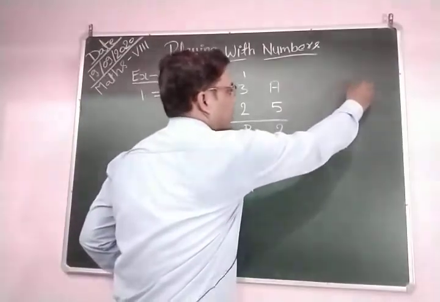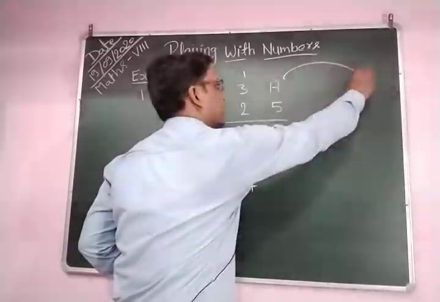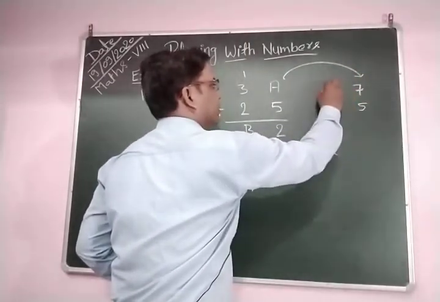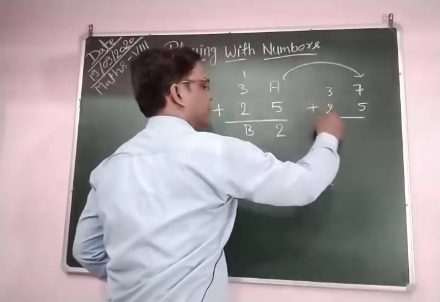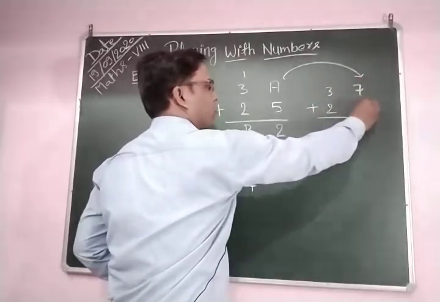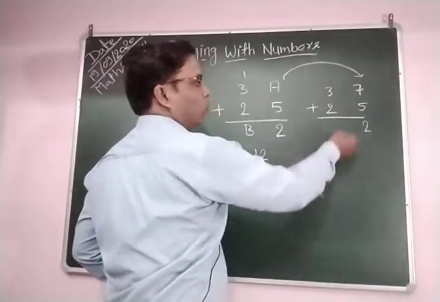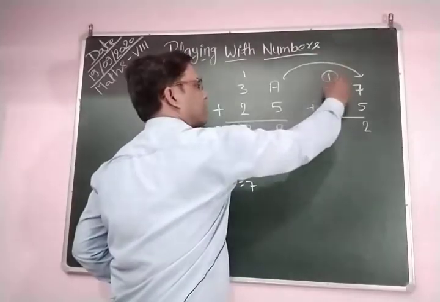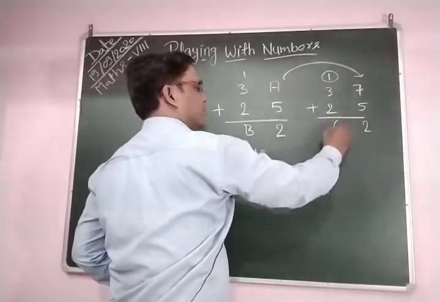So your question becomes, we replace this with 7, and here 5, this is 3, this is 2 and plus 10. If you add them, 7 plus 5, this is 12, carry 2, and here write 1. 3 plus 2 is 5, 5 plus 1, this is equal to 6.